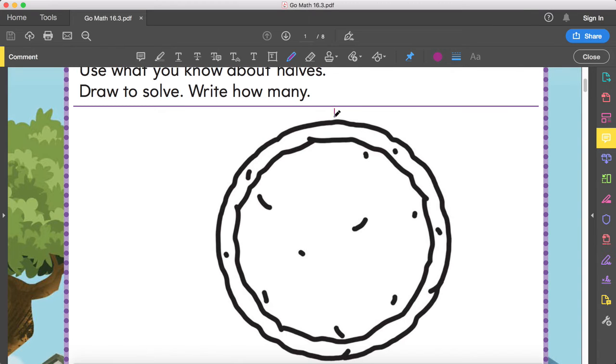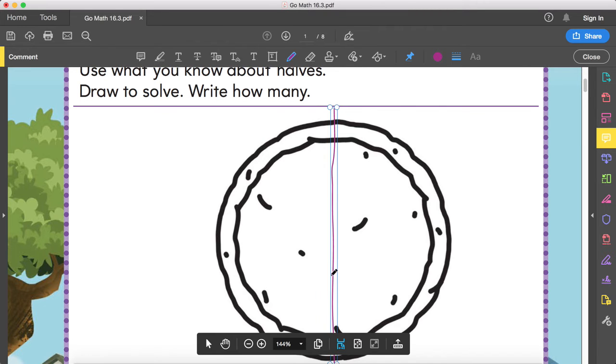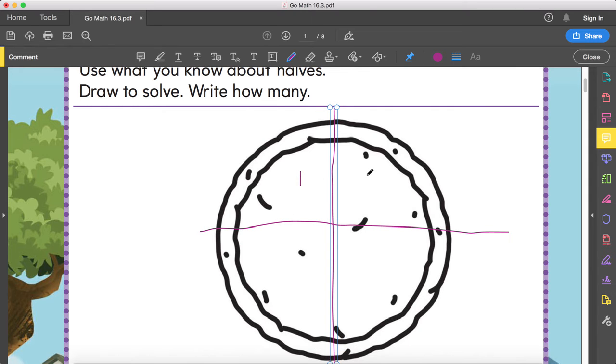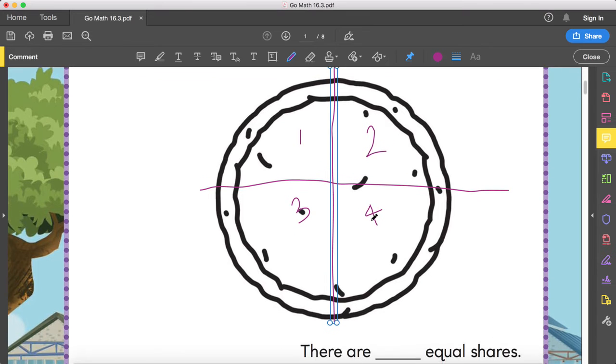Okay, so the first 2 come and you divide it in half. Then the second 2 come and you divide it in half again, and you get 1, 2, 3, 4 equal shares.